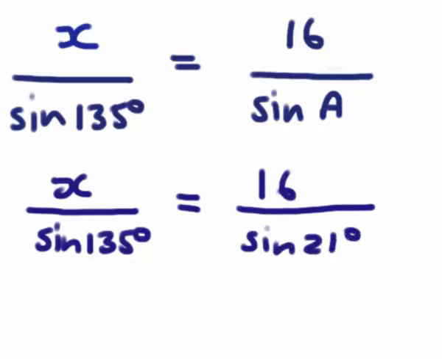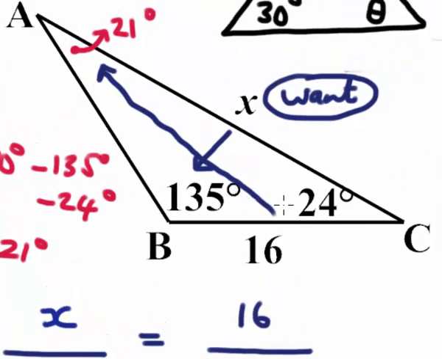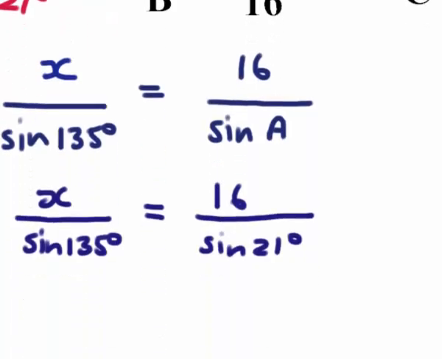So what you have to do when you get a triangle, always look and see, can I fill in some angles? Well, if there's 2 angles, you can get 21 from the sum of the angles of a triangle. You want x, so you go x over the sine of the opposite angle is 16 divided by the sine of 21 degrees. The sides are together and the angles go together with their trig ratio sine.